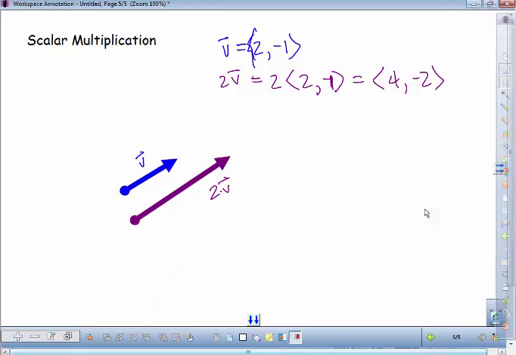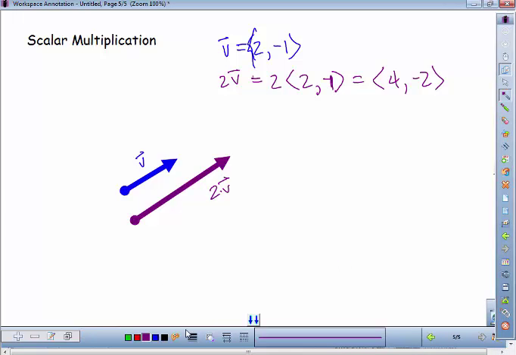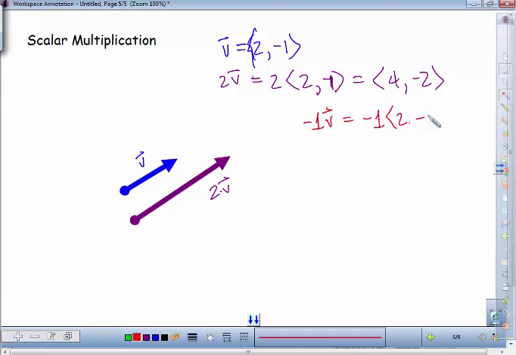If you multiply by negative 1, negative v makes it go the opposite direction, and that's exactly what's going to happen.